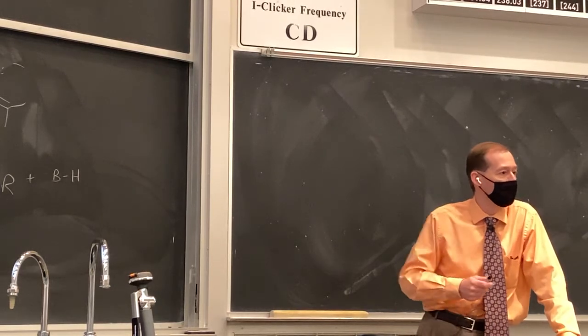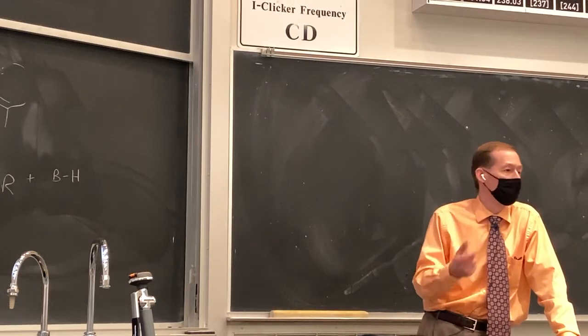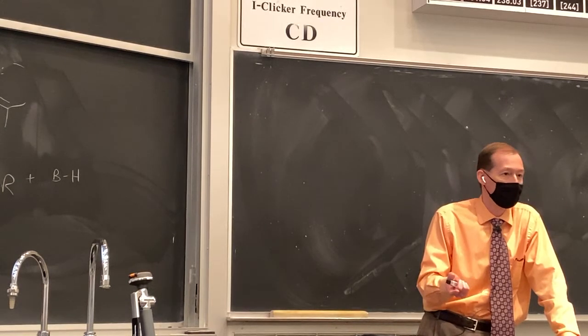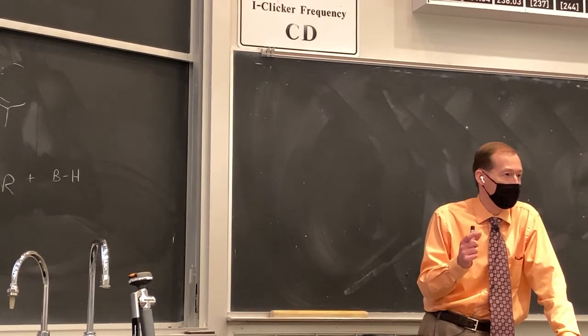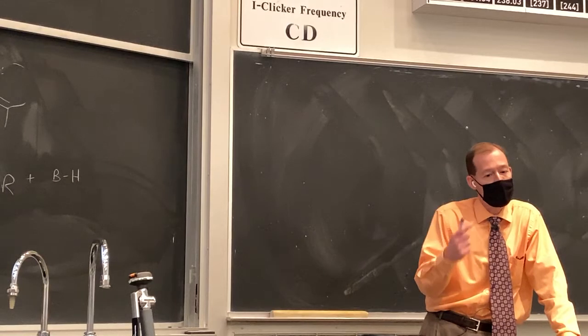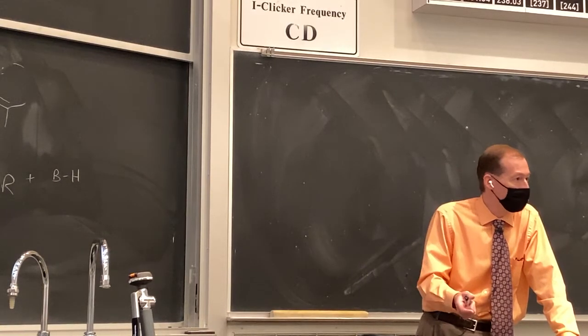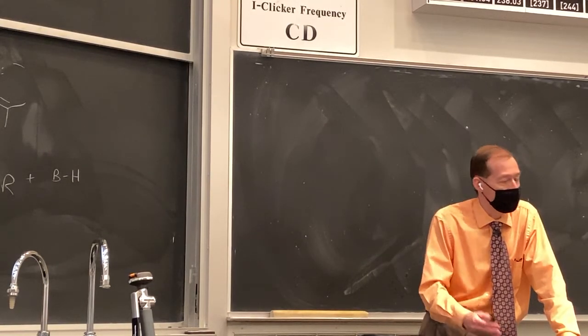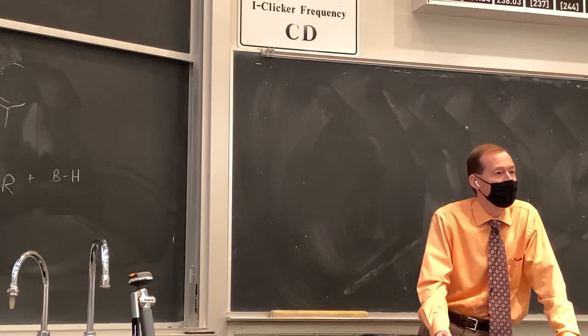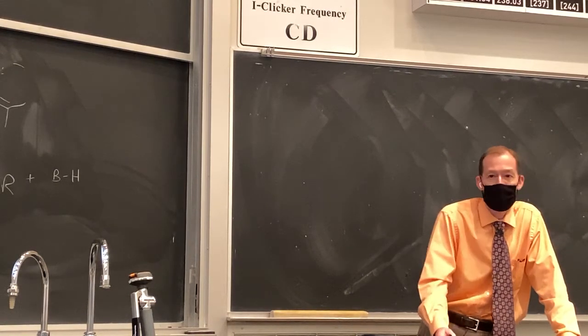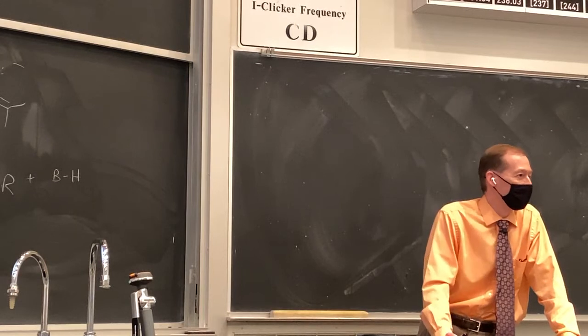Which of those was stronger, the withdrawing or the donating? Is an OH or an ether an activating group for electrophilic aromatic substitution or a deactivating group? Let's hope you haven't forgotten this. Our final exam is cumulative, by the way.